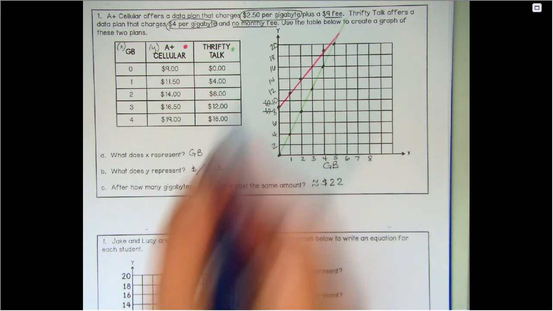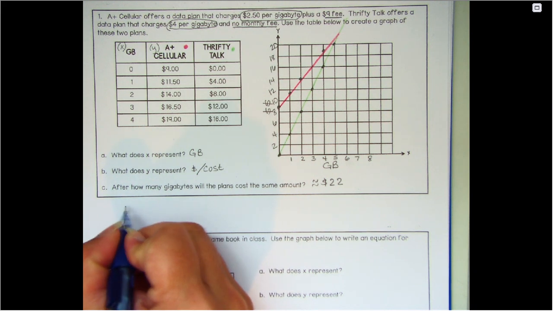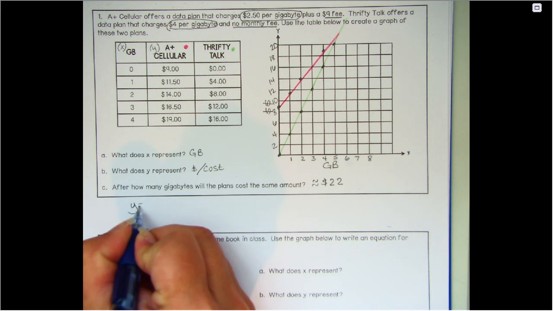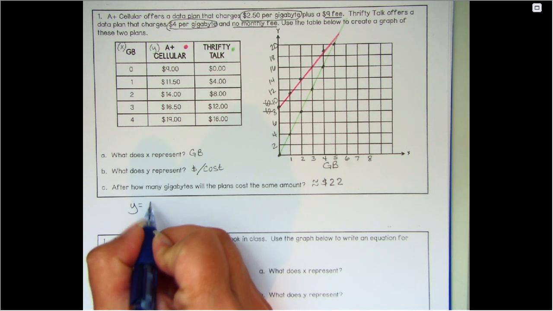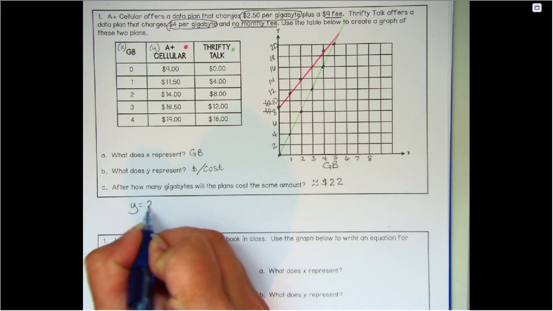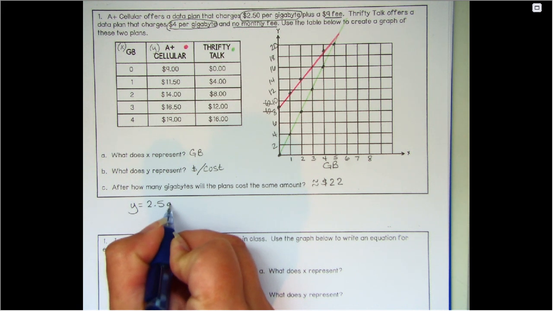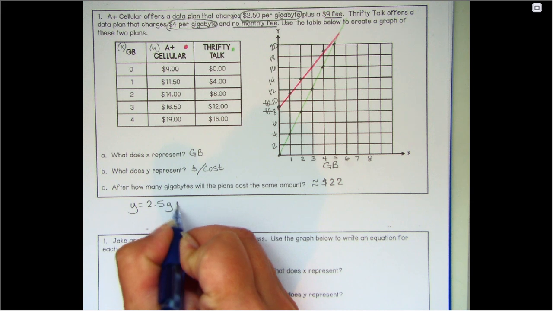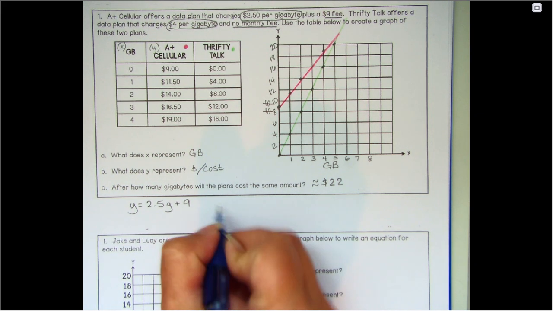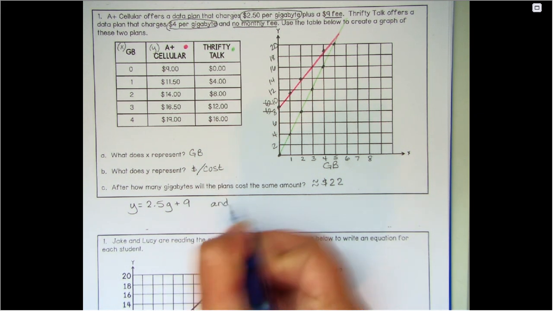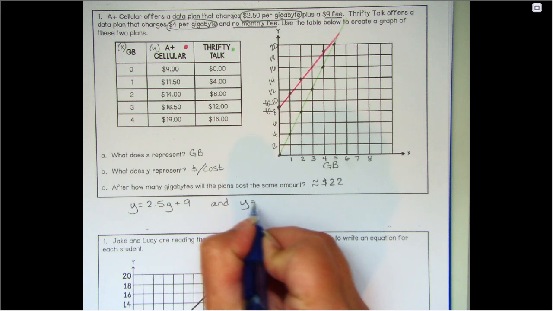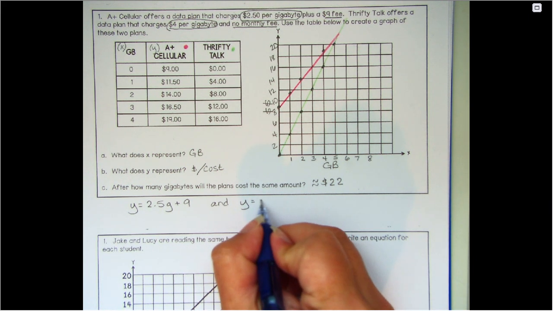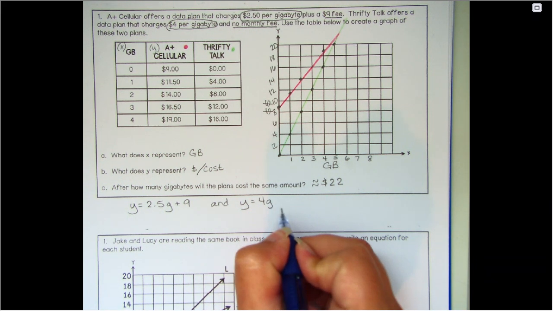Now, you have other skills besides graphing. I could have written these equations: y equals 2.5, and I'll use G for gigabytes, plus 9, and y equals 4 times gigabytes.